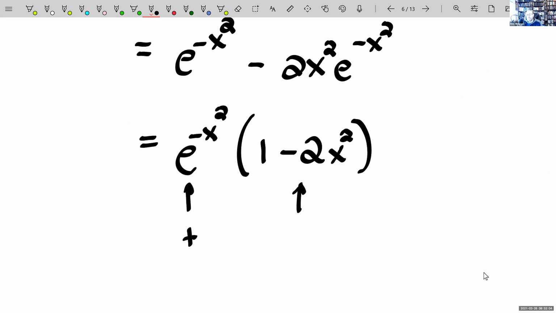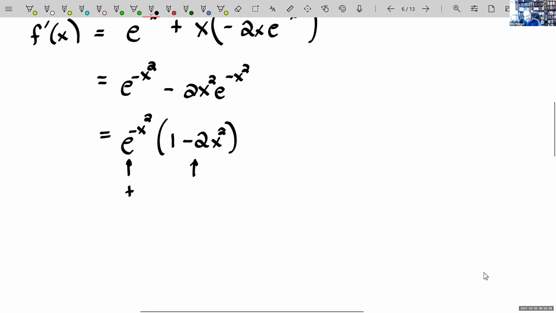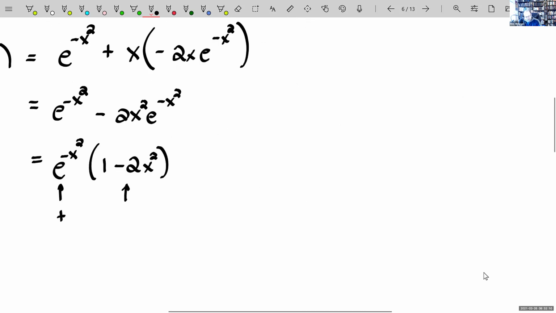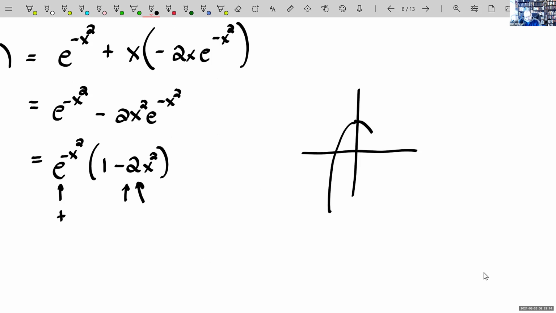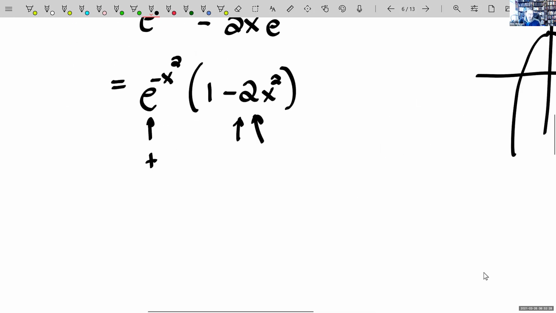In other words, our function's eventually decreasing. If you don't believe me, you could graph that. That is just an upside down parabola shifted up 1 unit. That's negative 2x squared plus 1. It is eventually negative. It's actually negative from 1 over the square root of 2 onward.